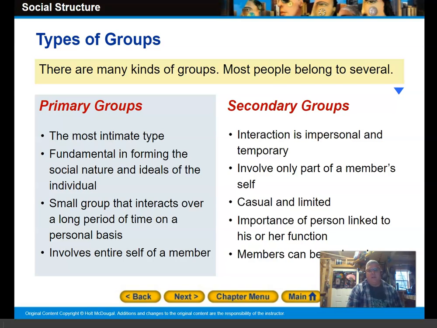Secondary groups are those where the interaction is impersonal and temporary. They involve only part of the member's self. Casual and limited, the importance of a person is linked to his or her function. Members can be replaced.